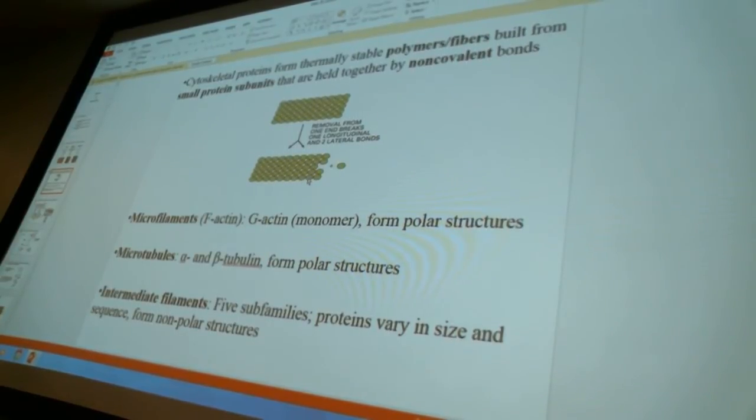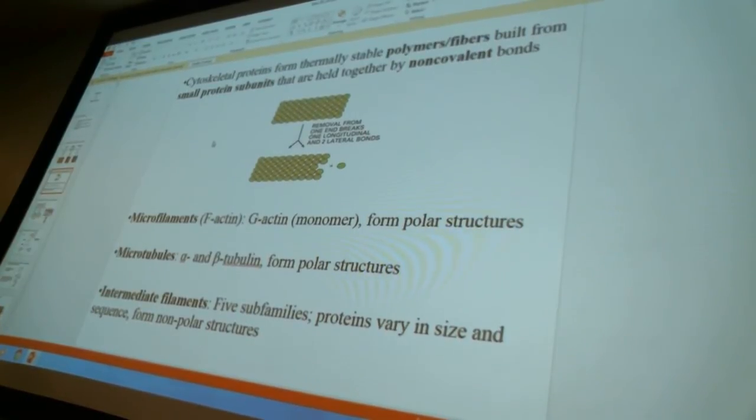And this kind of loss of an individual subunit will be easily replenished through various biochemical means. As I mentioned before, we have 3 different types, and 2 of them, microfilaments of actin and microtubules, are organized into polar structures. What does it mean? It basically has a directionality when it forms.